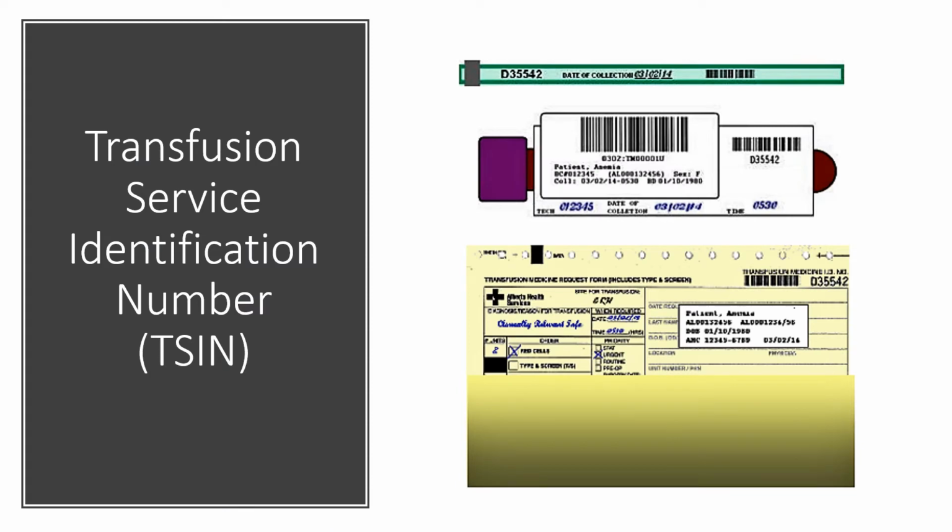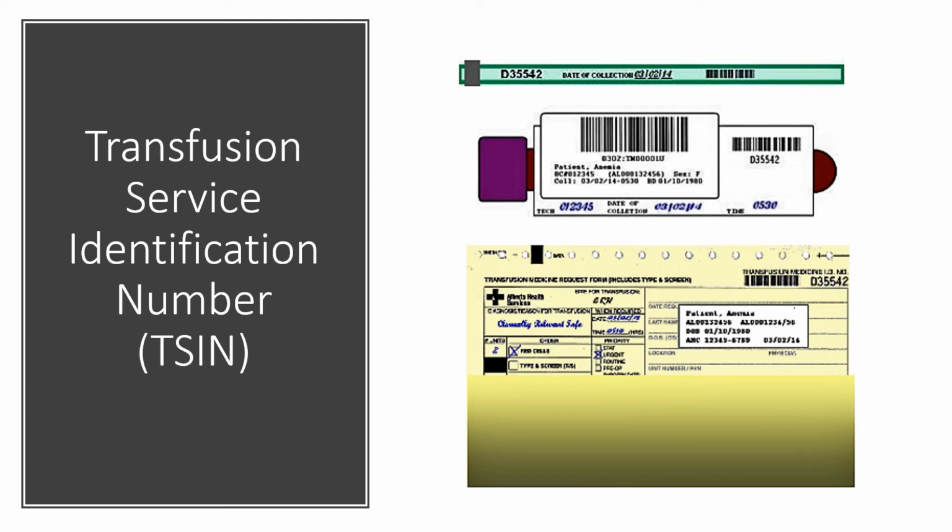Next is the TSIN, that's the Transfusion Service Identification Number. It's previously known as the BBIN number. It is a system that ensures unequivocal identification of a patient and blood components from vein to vein. This means it ensures a traceable connection from the patient's pre-transfusion type and screen sample through testing in the transfusion lab and through the transfusion of cross-matched blood cells.